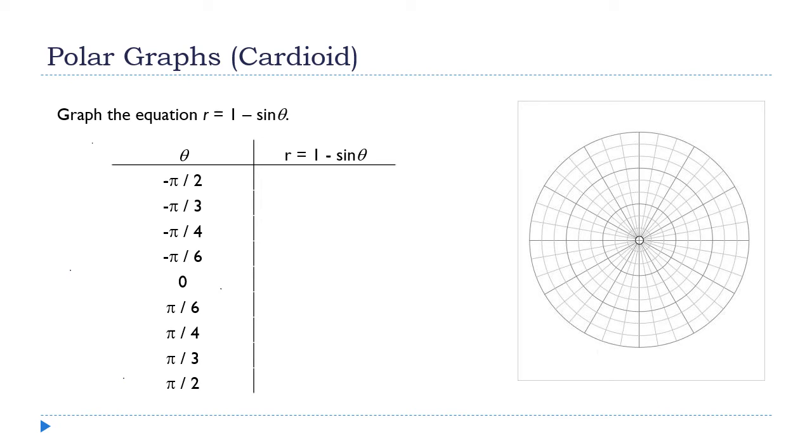But notice the angles that I've picked. I've only picked angles on the right side of this line, theta equals pi over 2. And that's because of the symmetries. Once I get that side of the graph, then I'm just going to duplicate the image that I get, make the mirror image on the other side, and I'm home free.